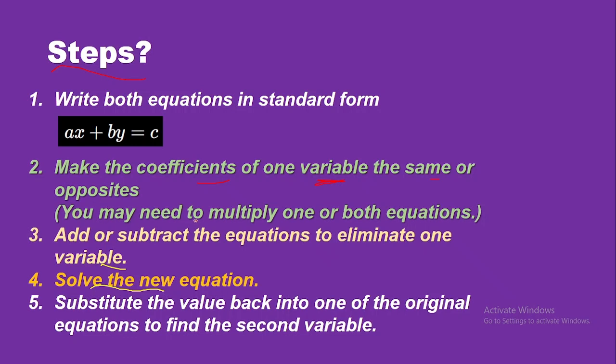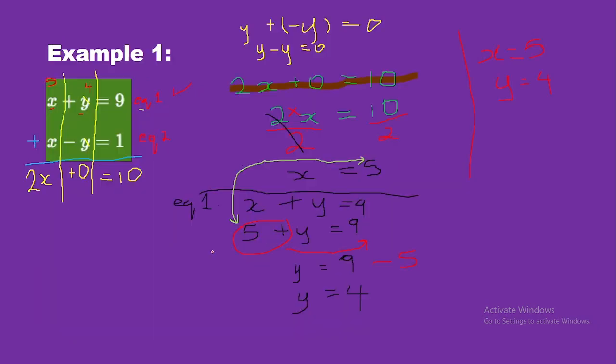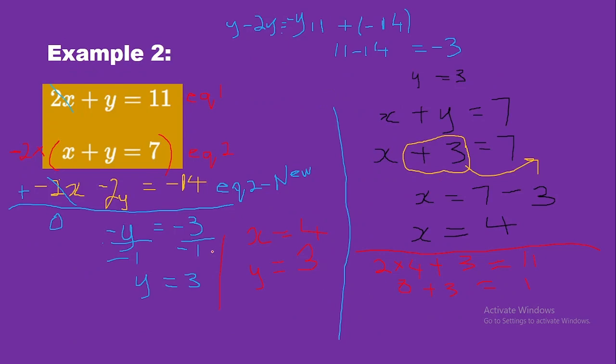You can do that by just multiplying one or two equations. Then just by adding or subtracting, we can eliminate any one of the variables. So you can have a lot of fun with it.